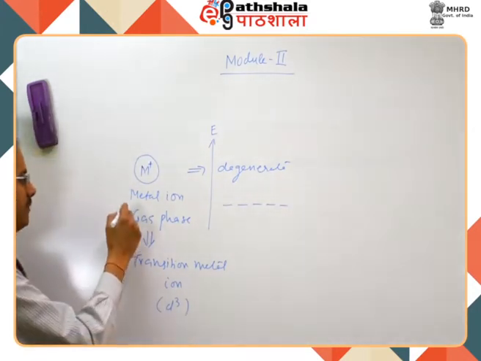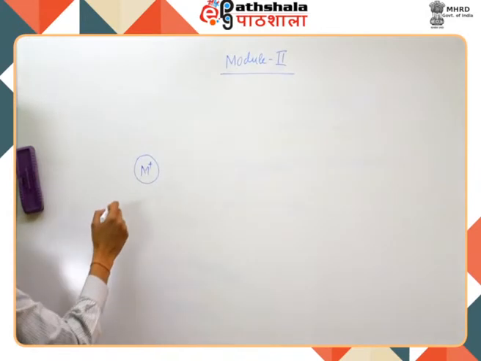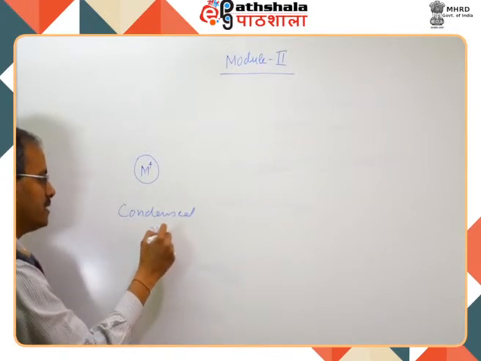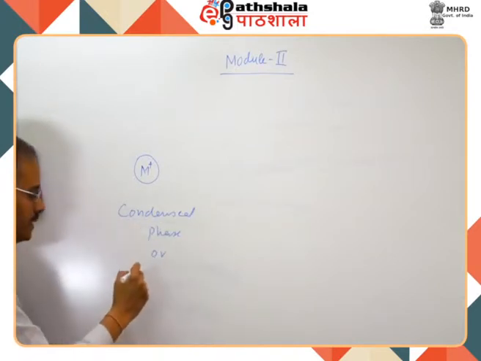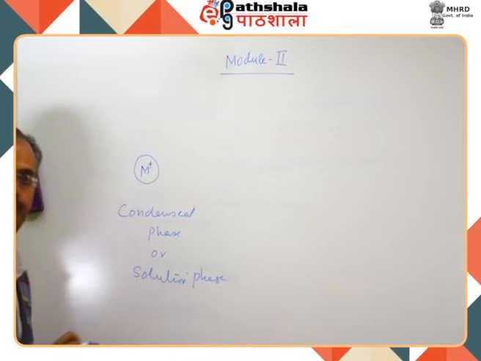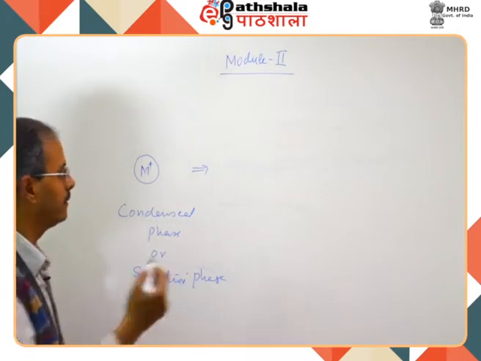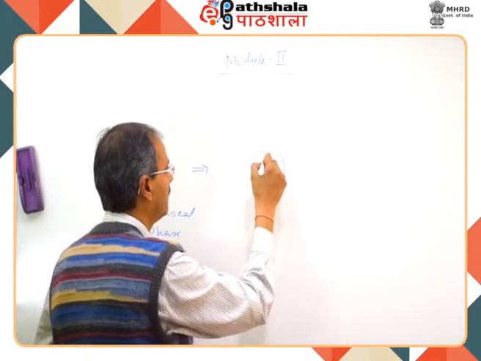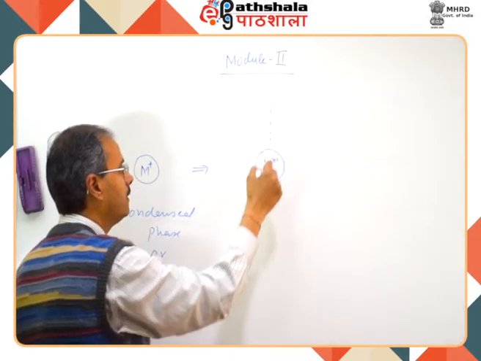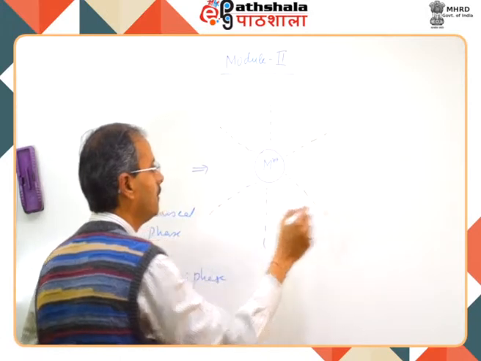Now this is the situation when we say the gas phase. Now if the same metal ion is under the influence in a condensed phase, or we can say in the solution phase, what will happen? We can understand it better if the same metal ion, say M plus ion, is being influenced by a variety of solvent molecules.